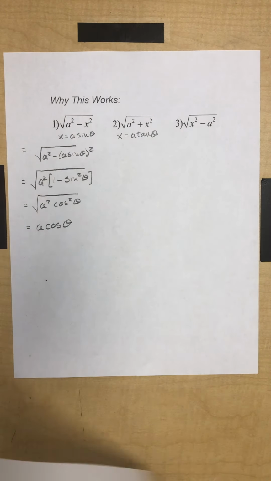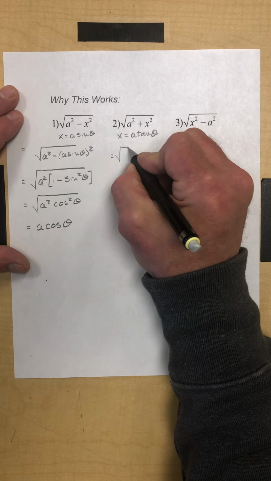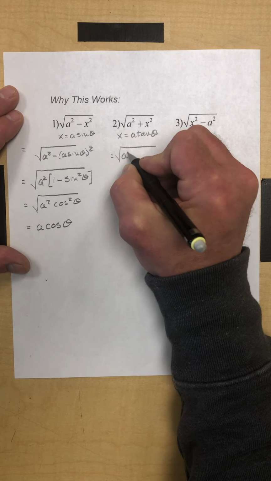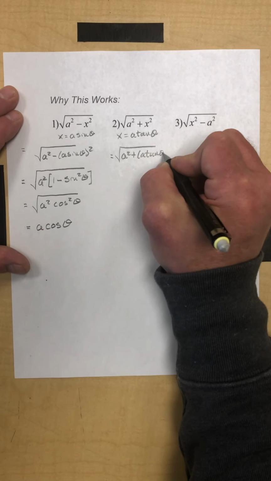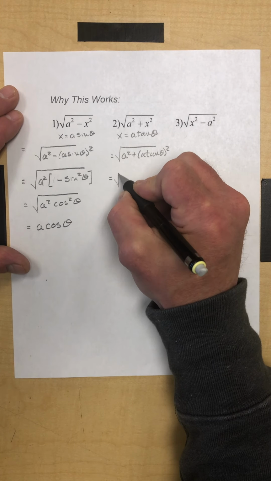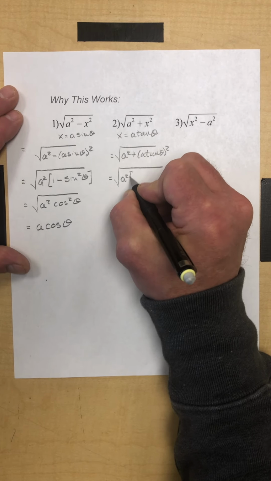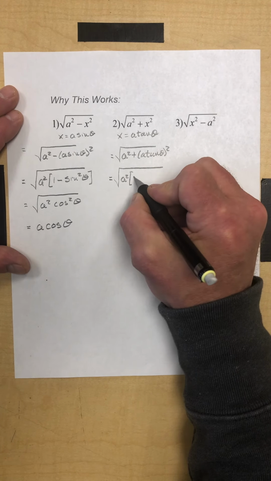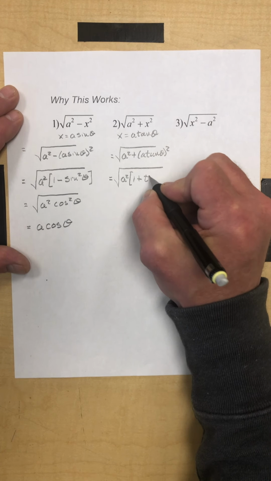We would get the square root of a squared plus a tangent theta squared. Once again, notice that we have a common factor of a squared, so if I pull that out, I'd be left with 1 plus tangent squared theta.